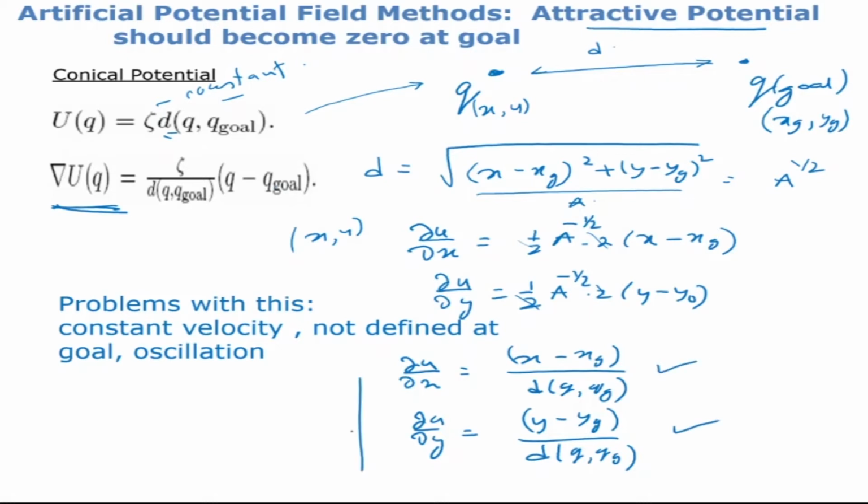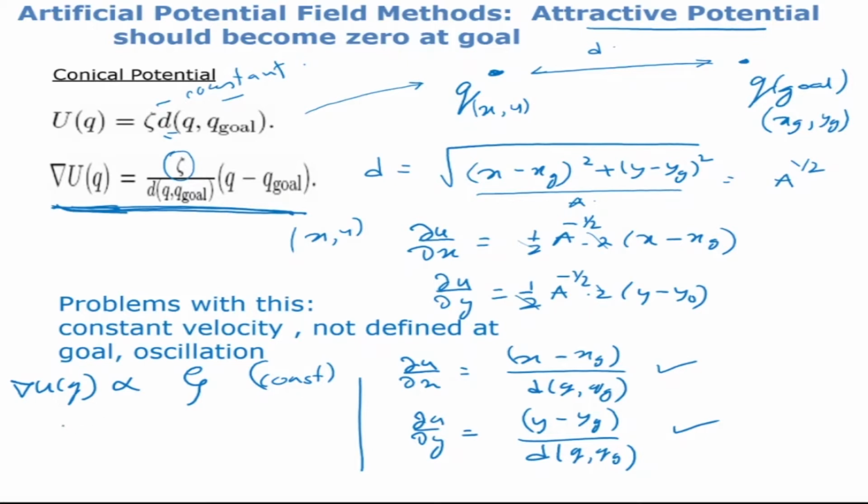Now what you see for the gradient of this conical potential is, number one, that it is proportional to zeta. So grad u is directly proportional to zeta. It depends on the constant you put. If you put a larger constant, the force is going to be more. If you put a smaller constant, the force is going to be less.